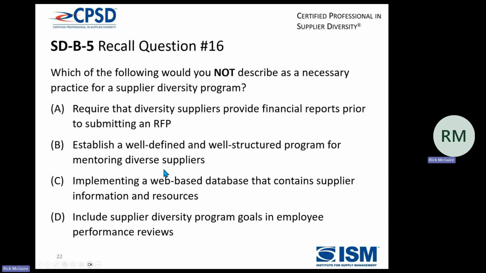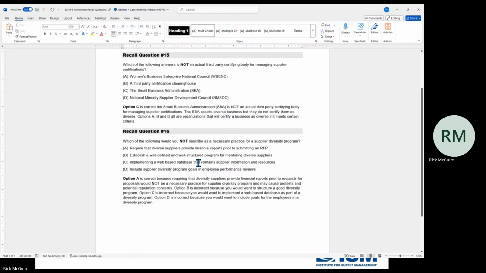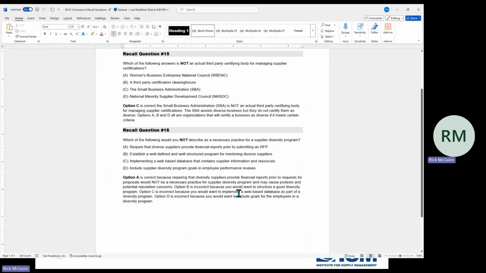A well-defined and well-structured program for mentoring diverse suppliers, you want that. Implementing a web-based database, yeah. Include supplier diversity programs in employee performance reviews, yeah. So it's got to be A. A it is.